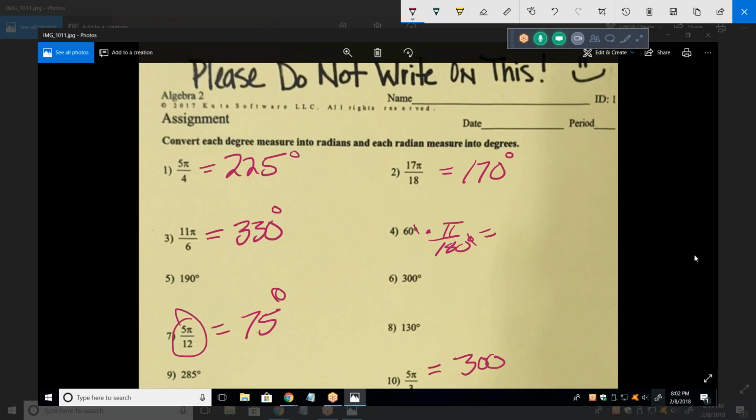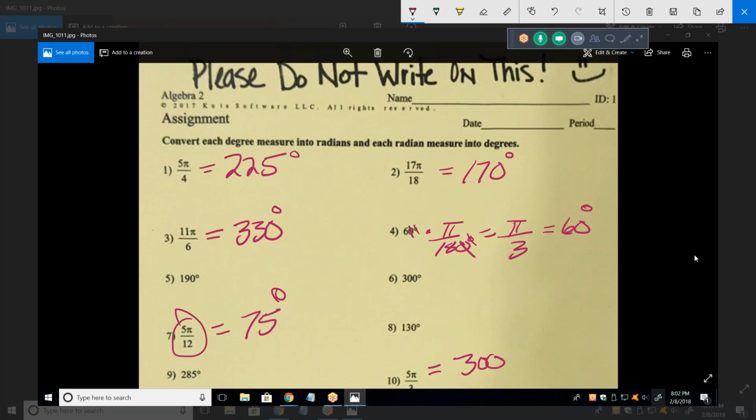And the only question is, what is 60 divided by 180? What does that simplify to? Cross the zeros off. Now the problem is, what is 6 divided by 18? So that's pi over 3? Yeah. And remember, we memorized that. We knew that pi over 3 was 60 degrees in the first place.